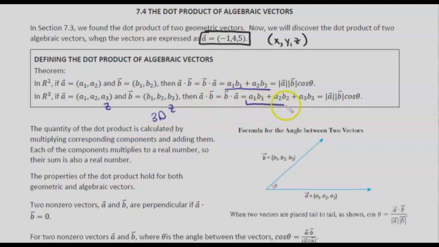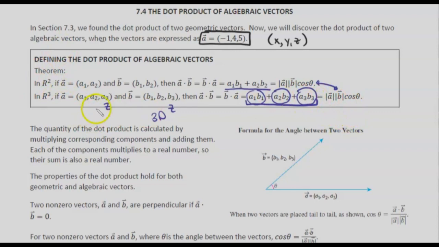Then what's going on here is we multiply the x terms plus we multiply the y terms plus we multiply the z terms. Okay, and then these two are also equivalent. Magnitude of vector A times magnitude of vector B cos theta.